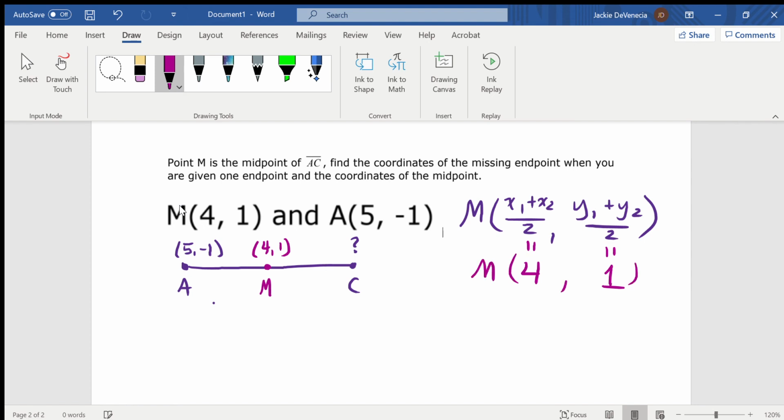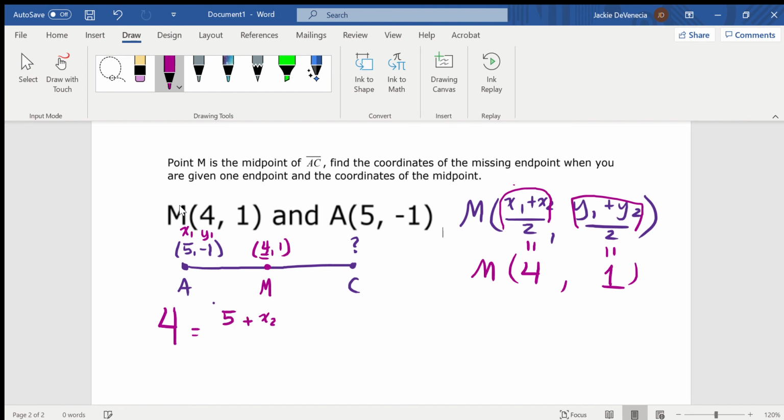So what's going to happen is I'm going to separate these two formulas. So for my x values, I'm going to have 4, which is the x coordinate from the midpoint, is equal to x1, which is 5, plus x2.